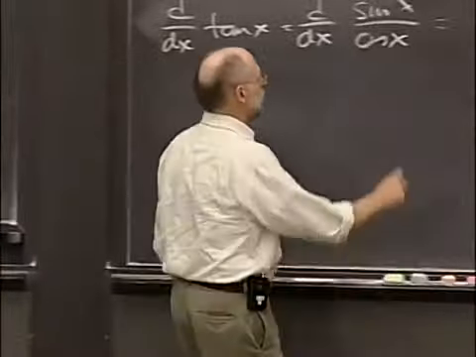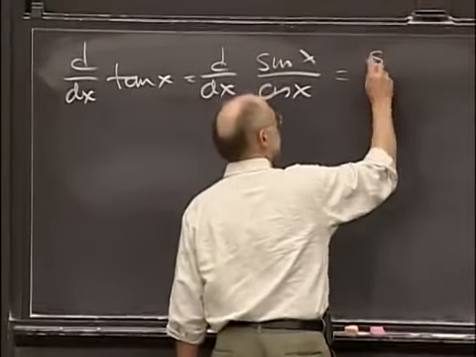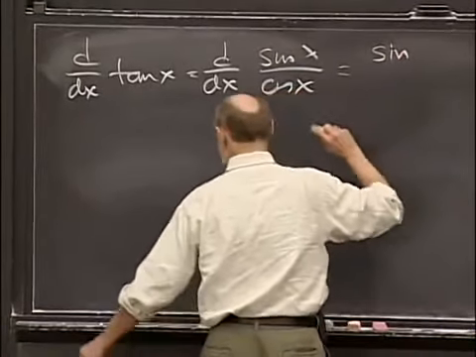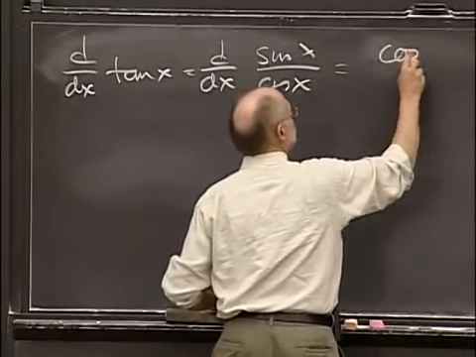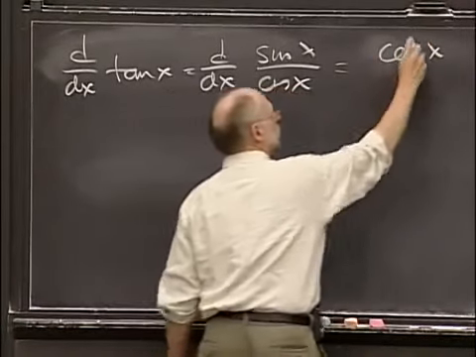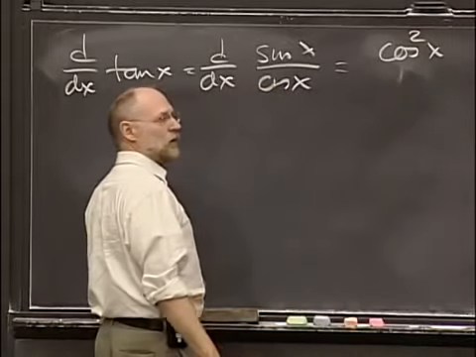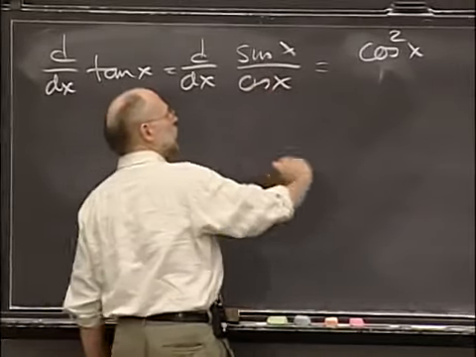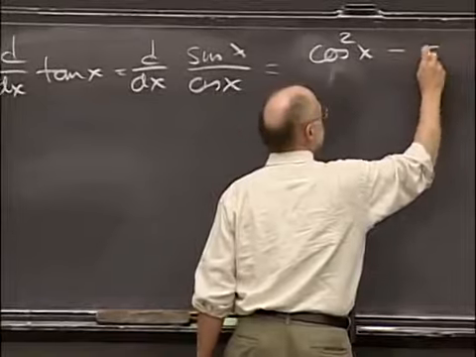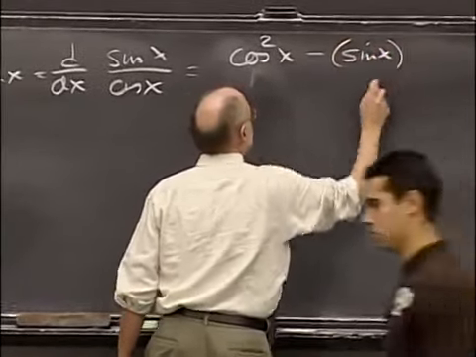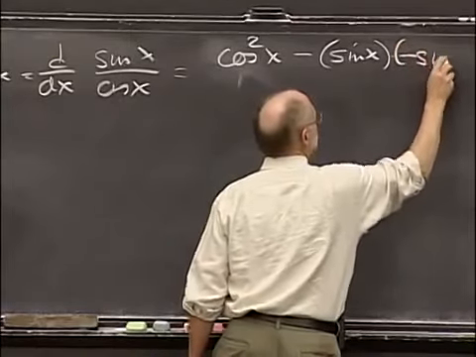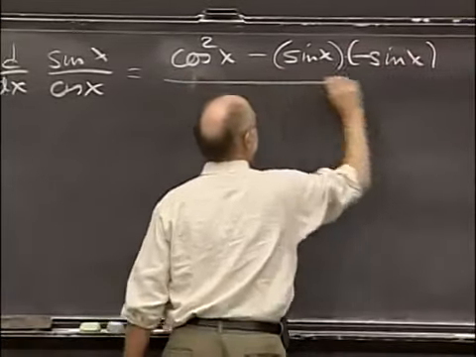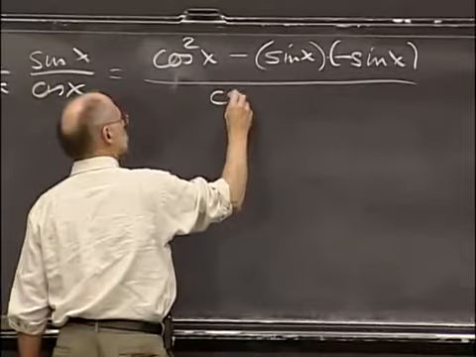And the rule is you take the derivative of the numerator, which is cosine, and you multiply it by the denominator, so that gives you cosine squared. And then you take minus the numerator, and multiply that by the derivative of the denominator, which is minus sine of x. And you put all that over the square of the denominator.